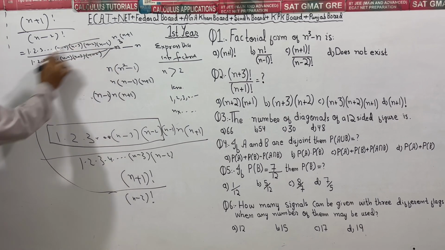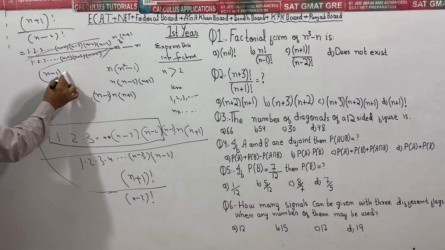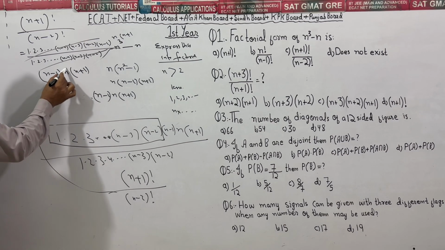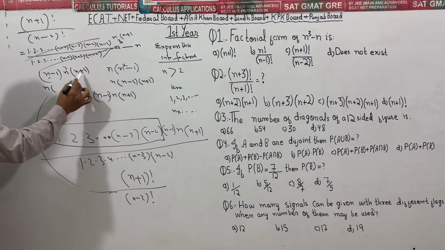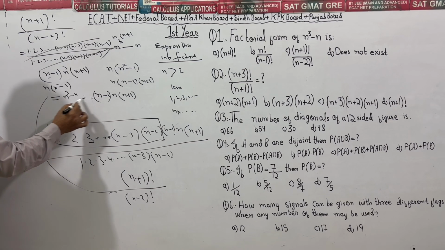They are cancelled out. What remains? n minus 1, n, n plus 1. Writing n out, n minus 1 times n plus 1 is equal to n square minus 1, so it is equal to n cube minus n.